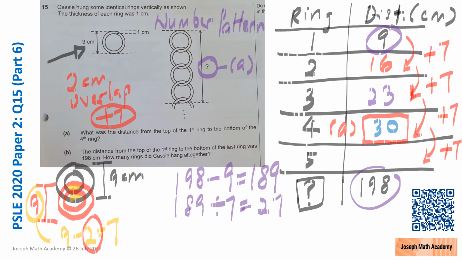Now, since we minus 9 earlier, this 9 comes from the first ring. We have to put back the first ring.